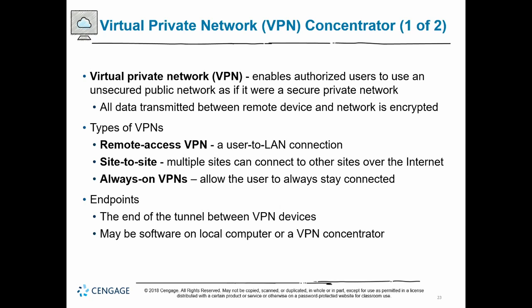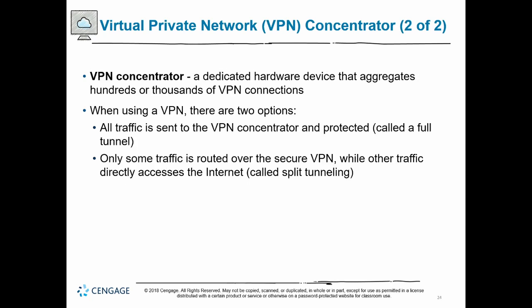Endpoints are the ends of the tunnel between VPN devices, and may be software on a local computer or a VPN concentrator. A VPN concentrator is a dedicated hardware device that aggregates hundreds of thousands of VPN connections.